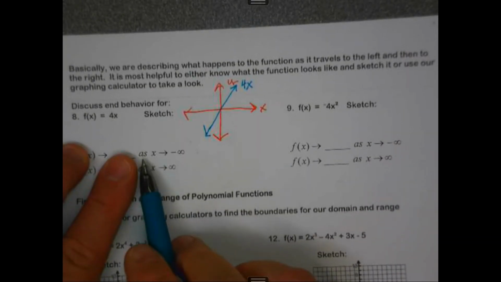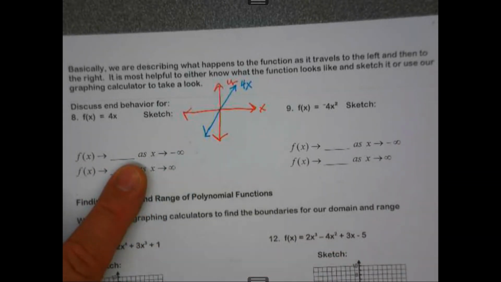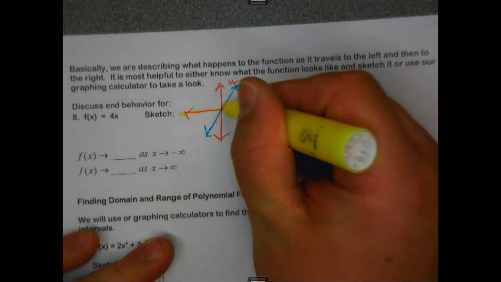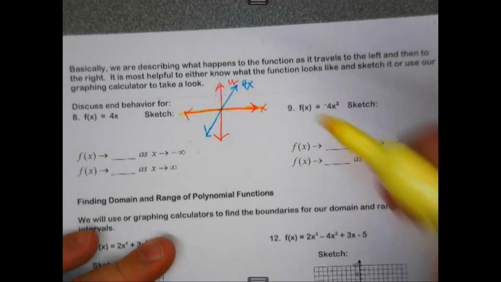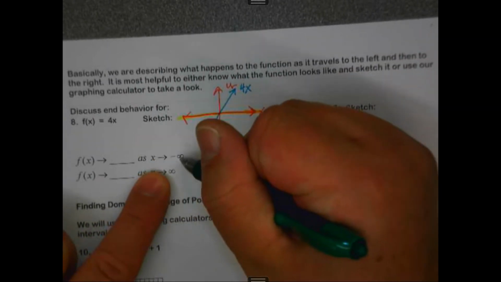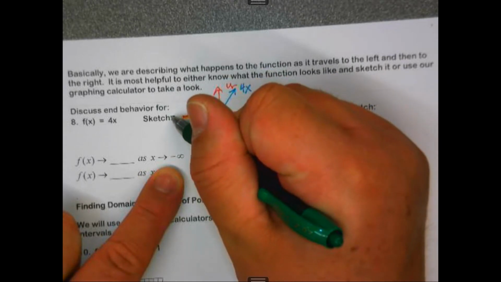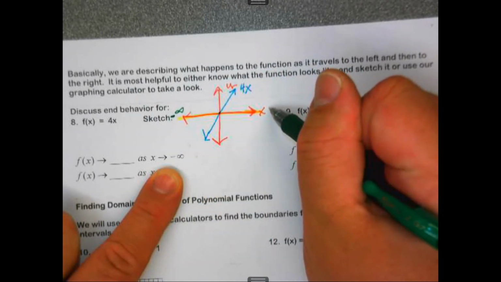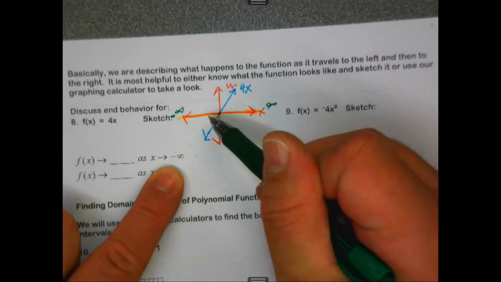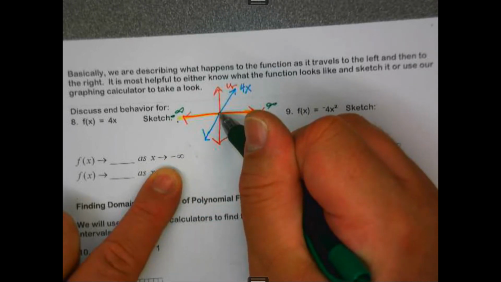Okay, so now I'm going to read it as x goes to negative infinity. So I'm looking at the x-axis only. As x goes to negative infinity, I start at the origin, and here is negative infinity, right? And this is positive infinity. As x approaches negative infinity, or goes to the left, what's happening to my function?